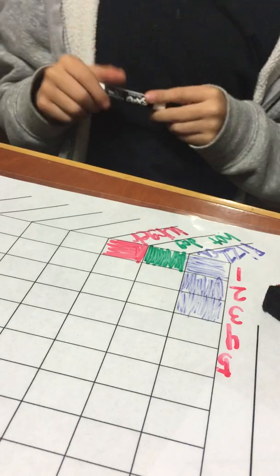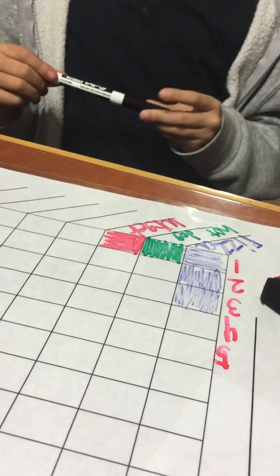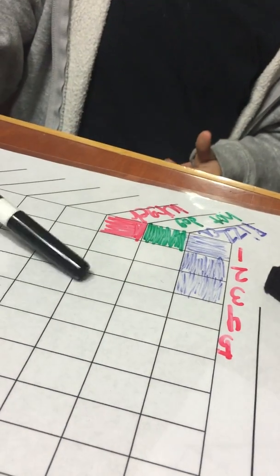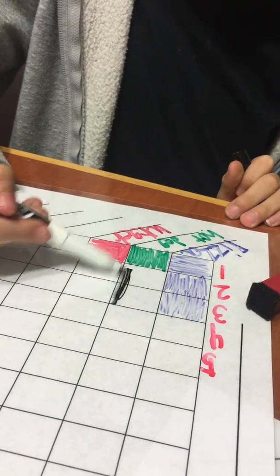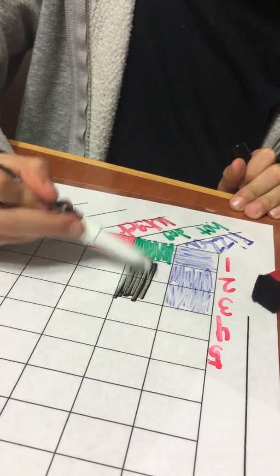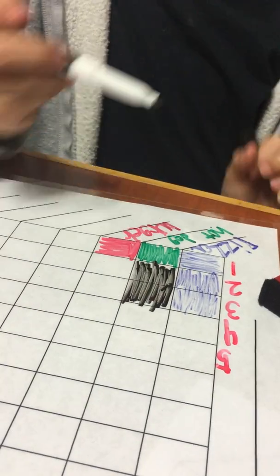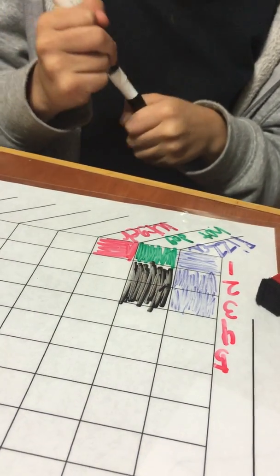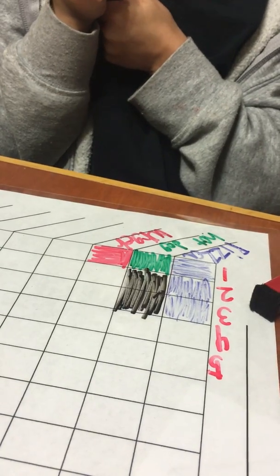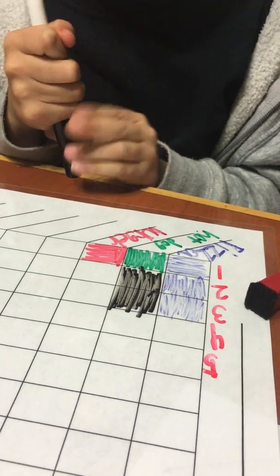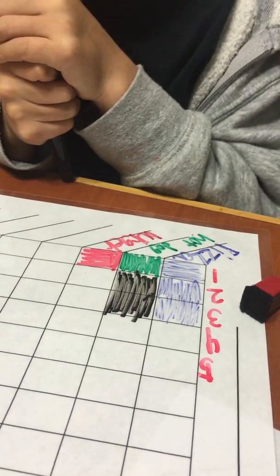Hot dog has less than pizza. But how many more hot dog would I need to get pizza? 2. Okay. And how many pizza votes were there? 3. And hot dog? 1.